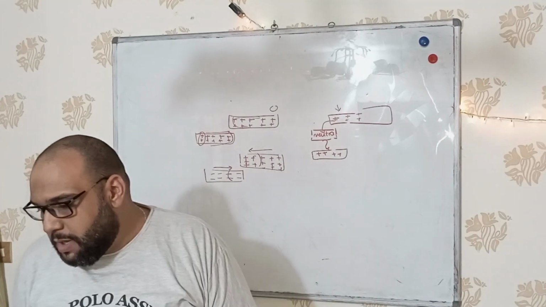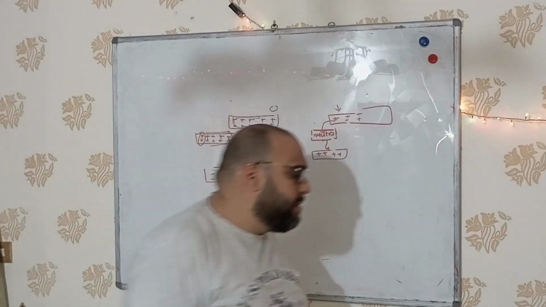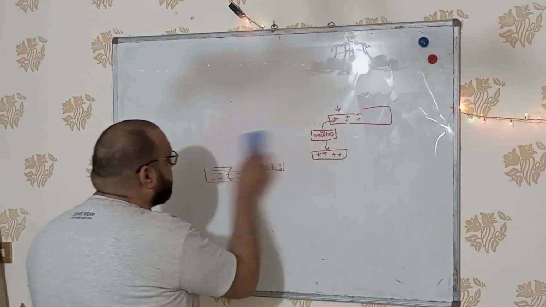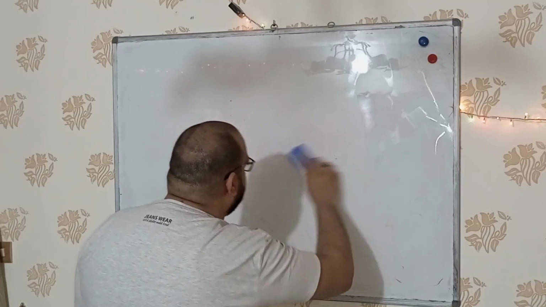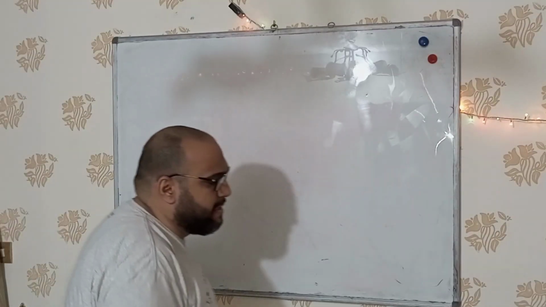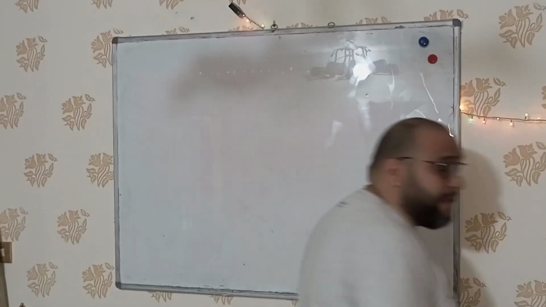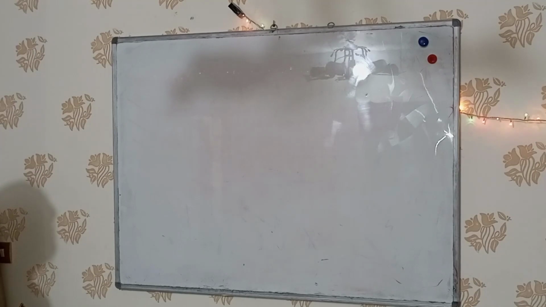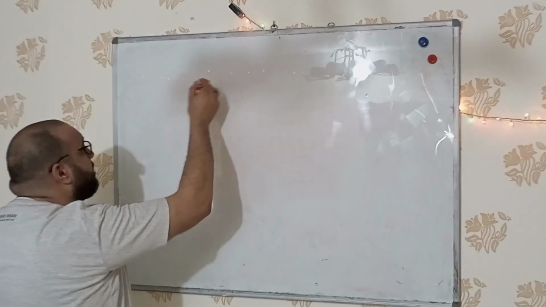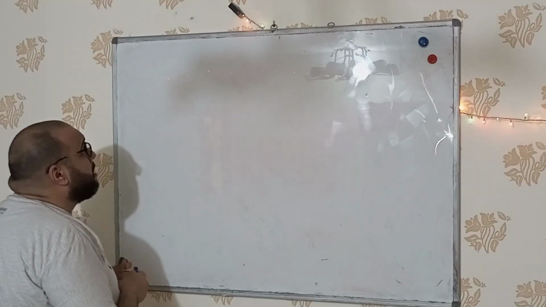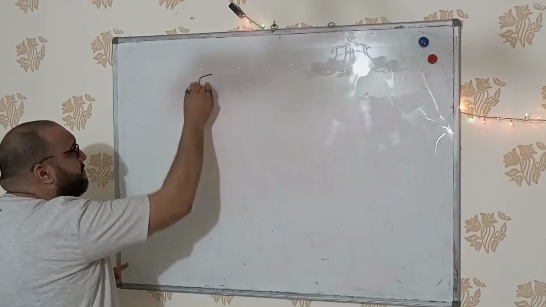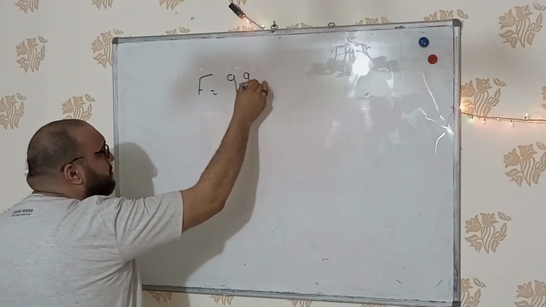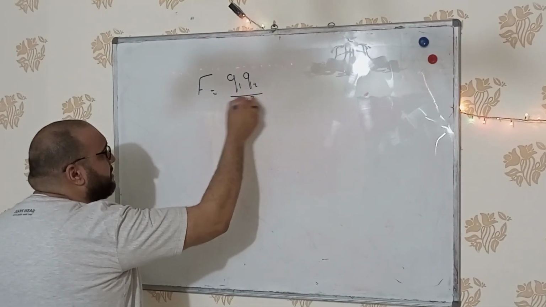Coulomb's law is a relation between the charges of objects, the distance between them, and the force of repulsion or attraction between them. Coulomb's law: force equals K times Q1 times Q2 divided by R squared.